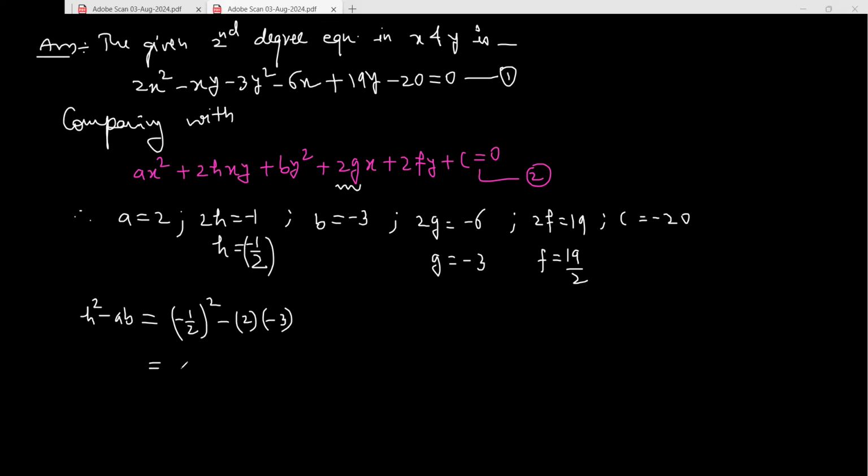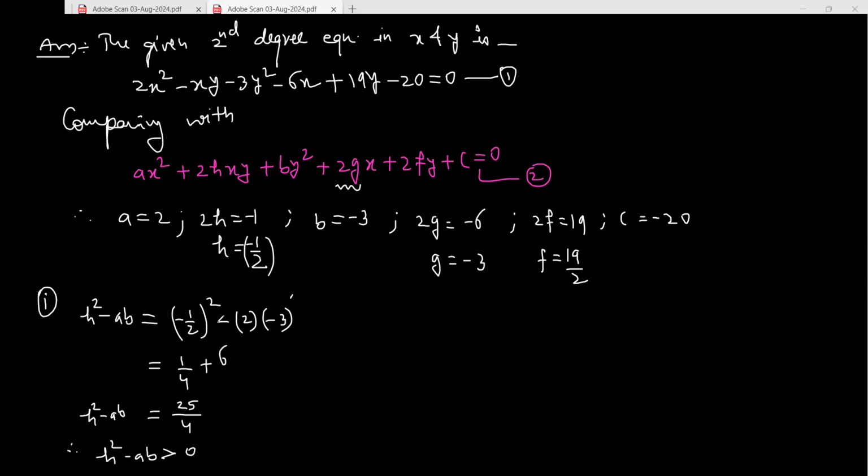So I got 1 by 4 plus 6, which is 25 by 4. Therefore h square minus ab is greater than 0. It should be either greater than 0 or equal to 0, so the first condition is satisfied.